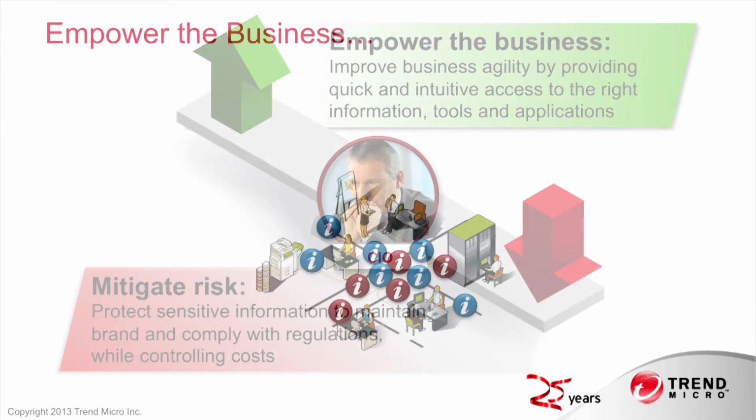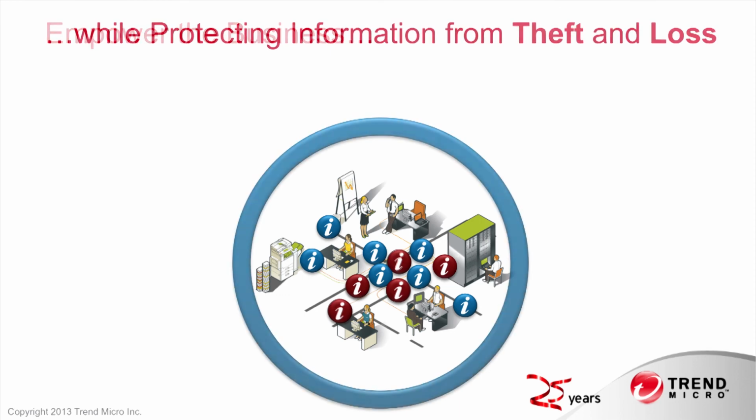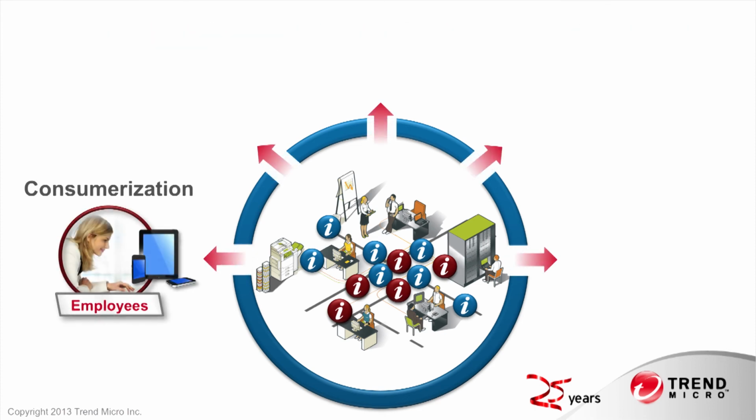And when we talk about empowering the business, we're really talking about all of this information getting to the business users. And to protect that information from theft and loss, it's really like getting your arms around that data, protecting that data. But this has become more challenging than ever, with key trends like consumerization, with employees bringing their own devices to work, bringing their expectations for how they want to work, perhaps their own cloud-based applications.